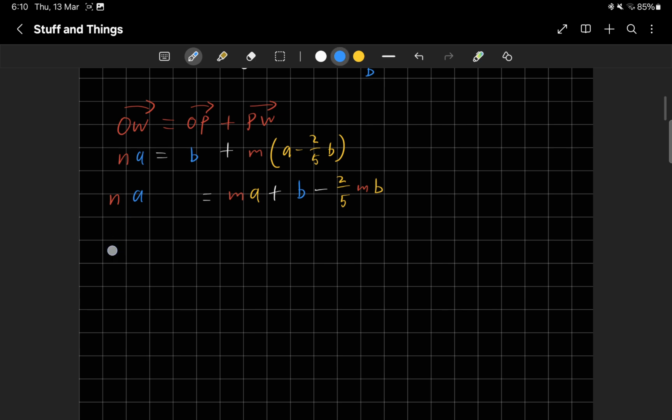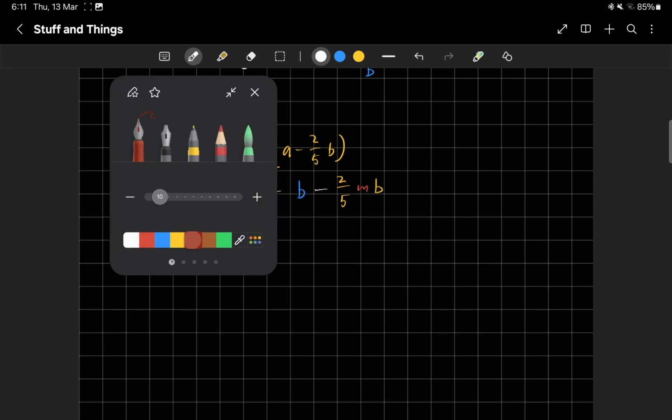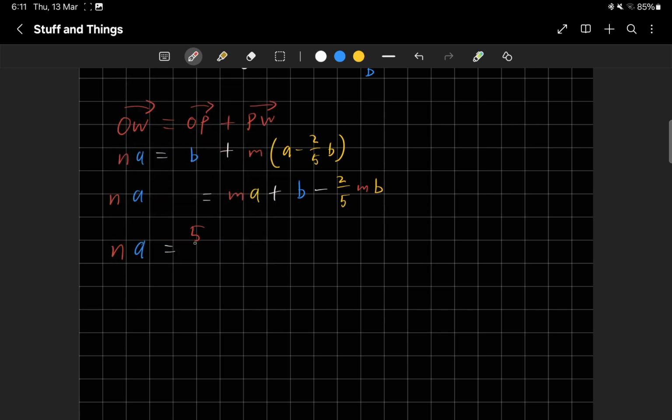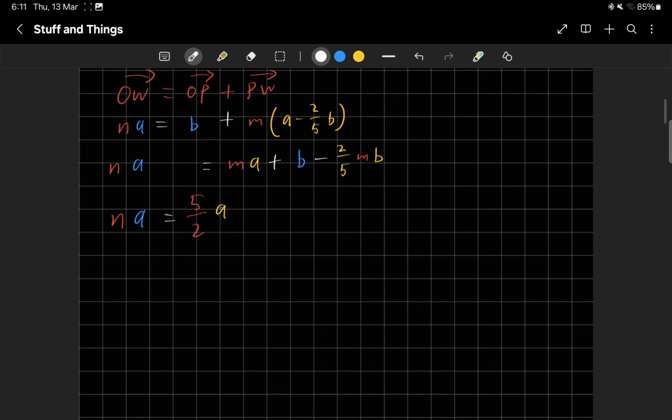That's just NA is equal to, we know that M here is 5 over 2, 5 over 2A plus this side is just 0, right? That's what we just said. Now notice this is 5 over 2 times A is equal to N times A. So that tells us that N is also 5 over 2.